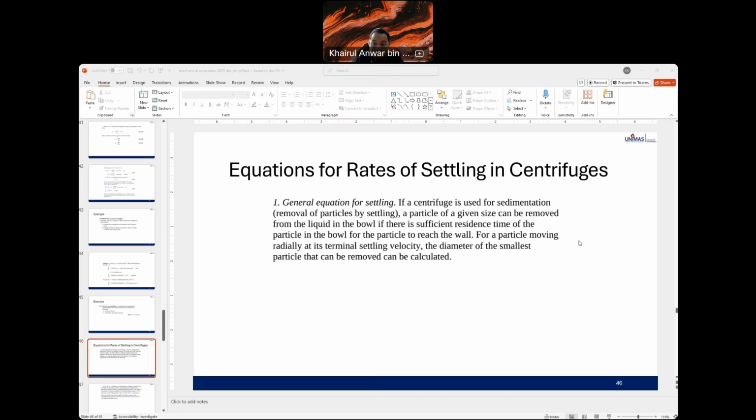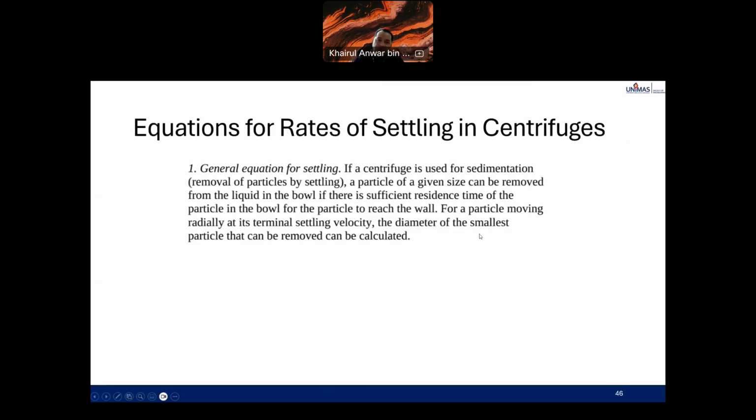If a centrifuge is used for sedimentation, removal of particle by settling, the particle is moving at its terminal settling velocity, so the diameter of the smallest particle that can be removed can be calculated.